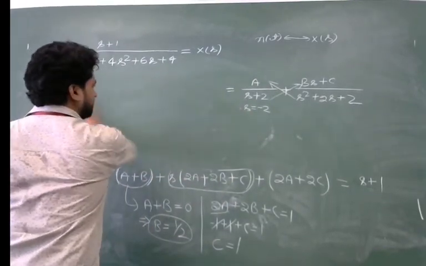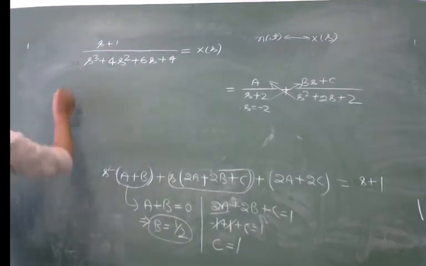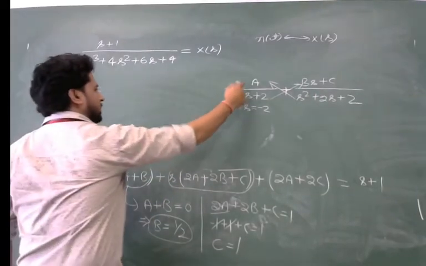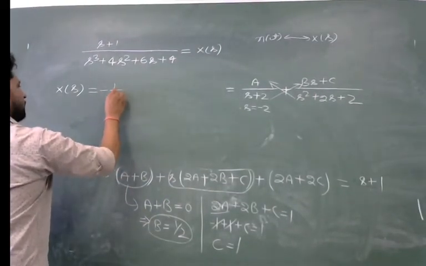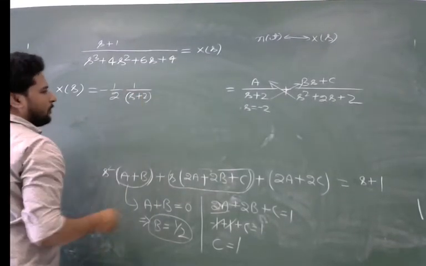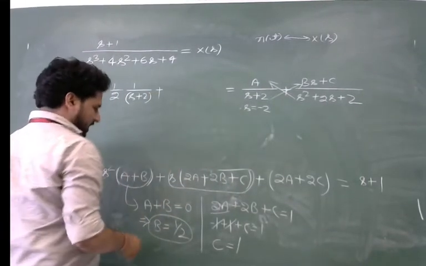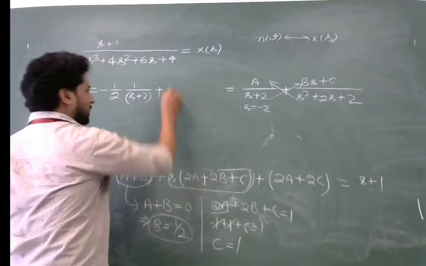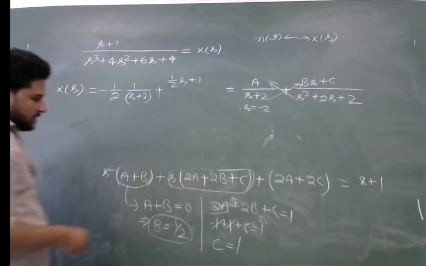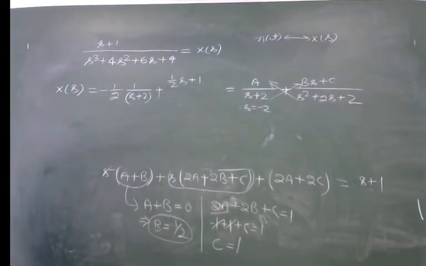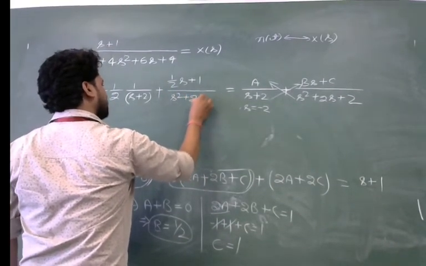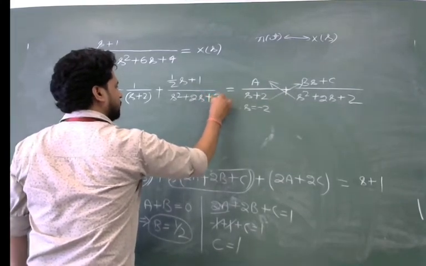So X of s will become equal to minus 1 by 2 into 1 upon s plus 2, plus b is 1 by 2 here, so 1 by 2 s plus 1, plus the value of c is 1, divided by s square plus 2s plus 2.